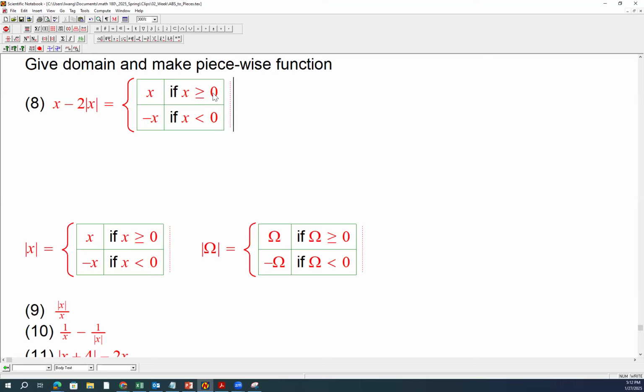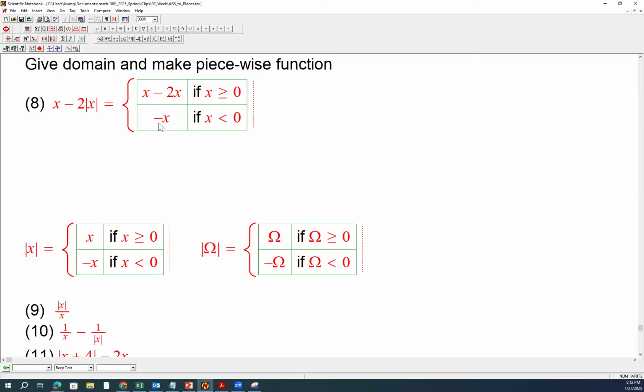Because for x greater than or equal to 0, the top piece is going to be x minus 2x, right? The absolute value of x is the same as x if x is greater than or equal to 0. So when x is greater than or equal to 0, the absolute value of x is replaced by x.